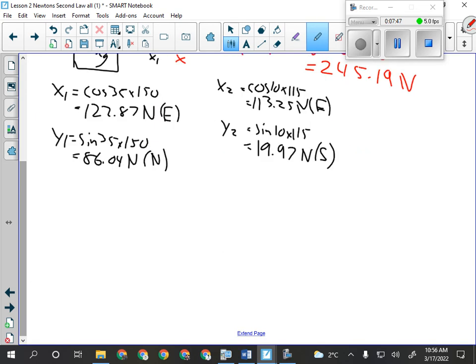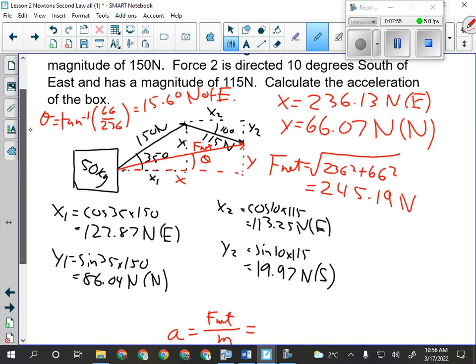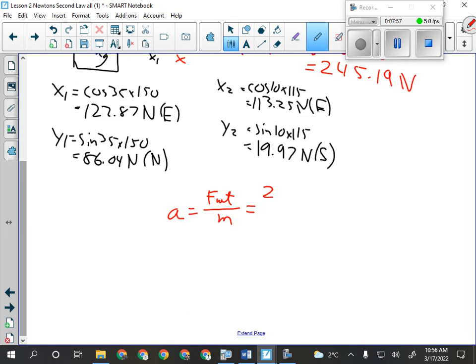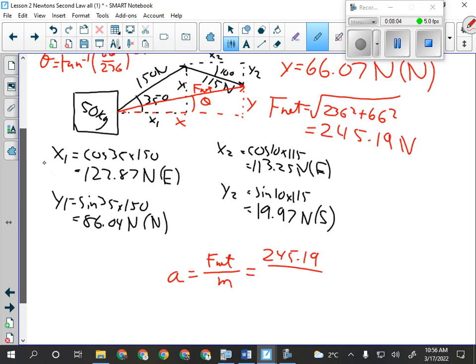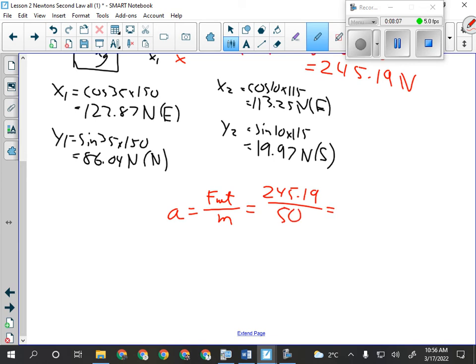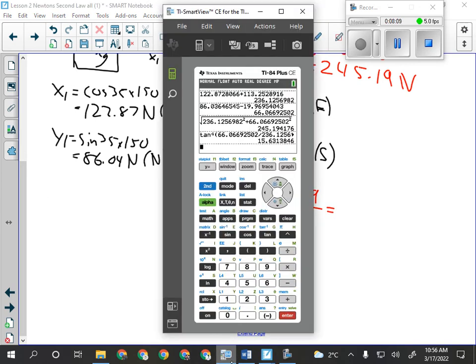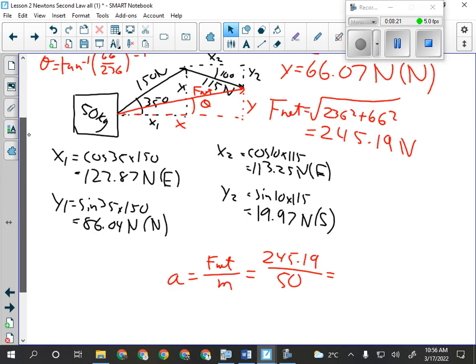Okay, so last step, acceleration is F net divided by mass. So we have our 245.19 divided by the mass, which was 50. Okay, so the acceleration is going to be, and I think we only have two significant digits, right?